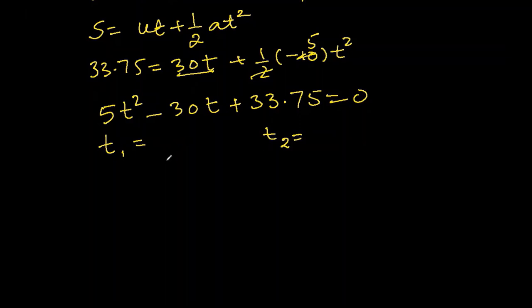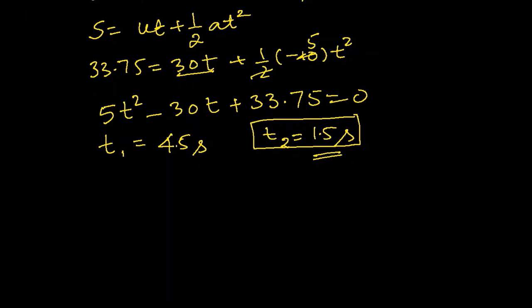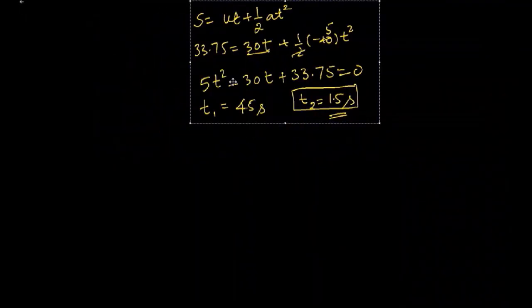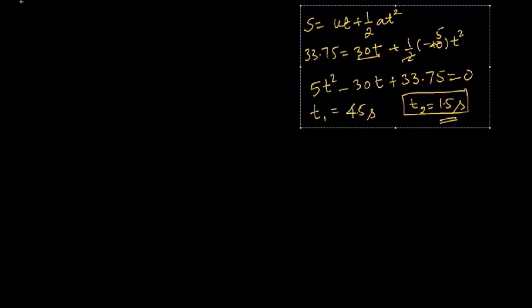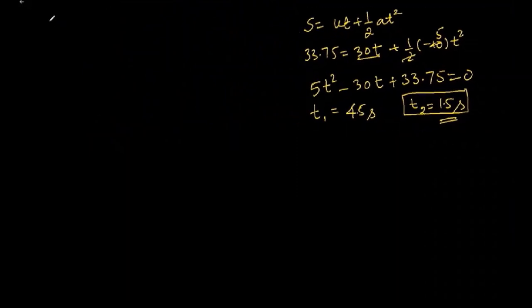So let's use our calculator to find the solutions. The two times I got in this case are 4.5 seconds and 1.5 seconds. Clearly this time comes first and this will be our answer. This is the time when it reaches a height of 33.75 meters. Now we have to find the velocity at this time. We know that v equals u plus at.